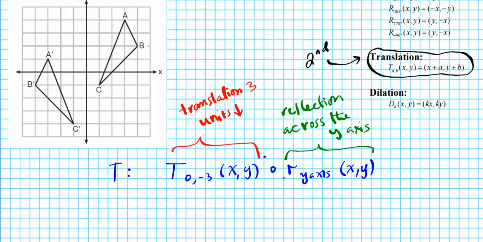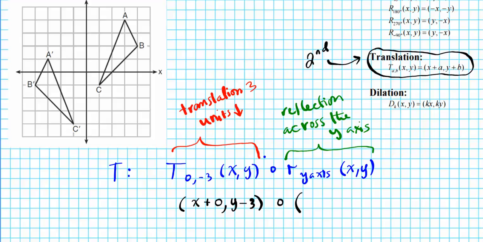All right, so what I'm going to do is write down what the coordinates look like when you carry out these two transformations, okay? So for this one right here, the transformation 3 units down just basically involves adding nothing to the x and subtracting 3 from the y. That composed with the reflection about the y-axis.